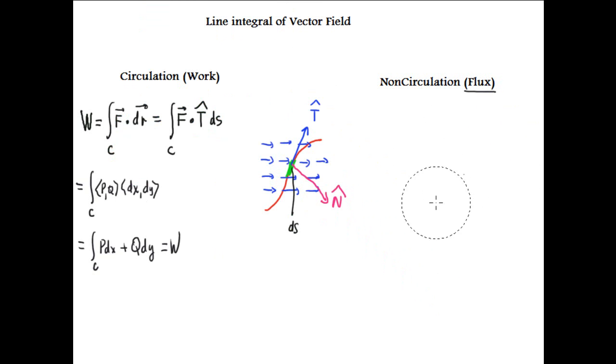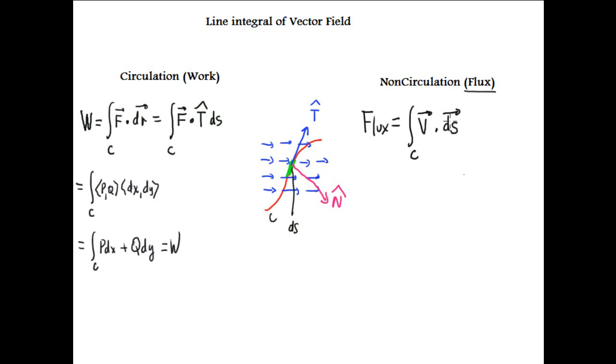The formula for the flux, capital F, is the integral over the curve C, the same curve, of the vector field that I want to call B, because in this case it's a better physical interpretation that the vector field is velocity, dot ds vector.